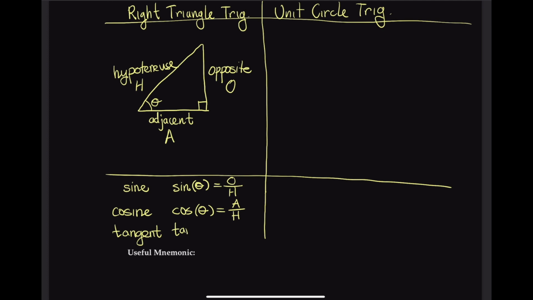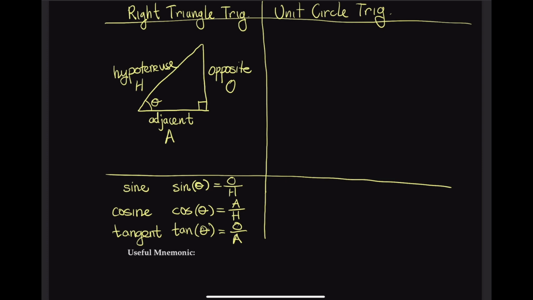We write that as tan of theta, and it can also be written as a ratio of two of the three sides. It's the opposite over the adjacent. And so we'll write that as O divided by A. Okay, so these are the three trig functions written in terms of ratios of the three sides of a right triangle.